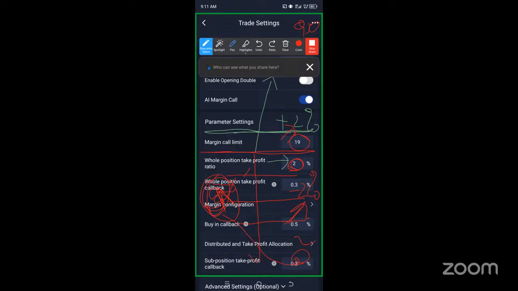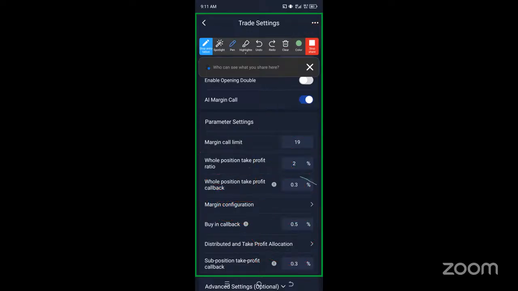So what do I mean here? When the market goes up and it reaches 2%, if I have put 0 here in the profit callback, and the market has reached 2%, automatically the robot will sell, it gives me 2% because I have put 0 here.